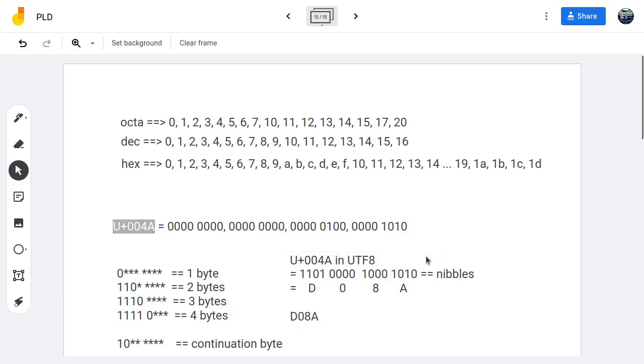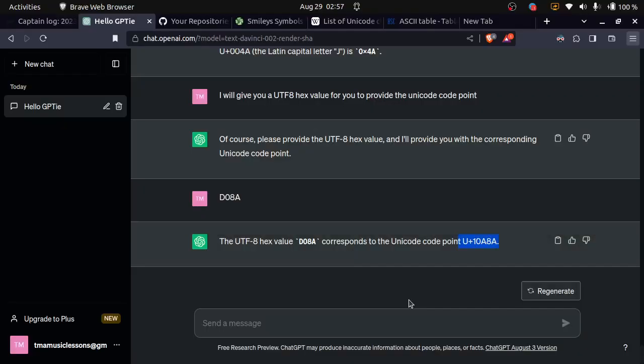Okay, you know what? Let's take some task. From here, let's see what's happening. I want you to test my knowledge of UTF-8 encoding.